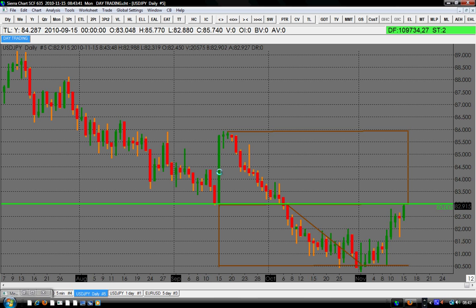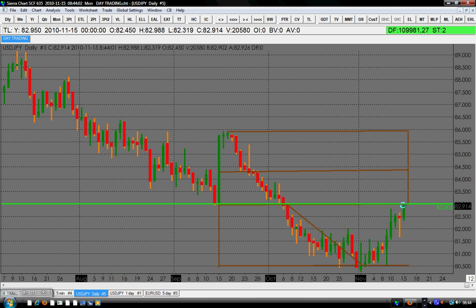Now we draw another line somewhere here. This is the middle of this candle here, the median point. We draw it here.